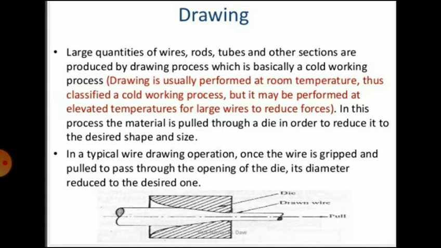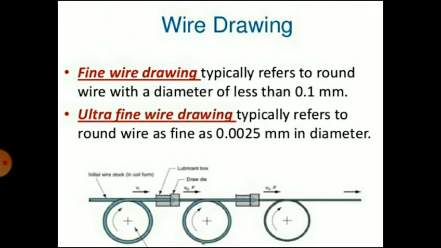In a typical wire drawing operation, once the wire is gripped and pulled through the opening of the die, its diameter is reduced to the desired one. There are two types of wire drawing processes. Fine wire drawing produces diameters less than 0.1 mm, and ultra fine wire drawing typically refers to round wire as fine as 0.0025 mm in diameter.